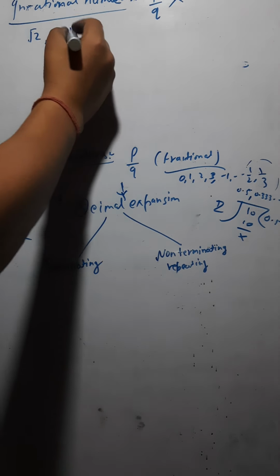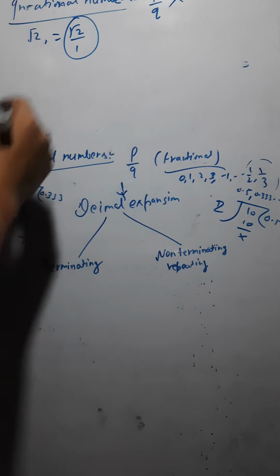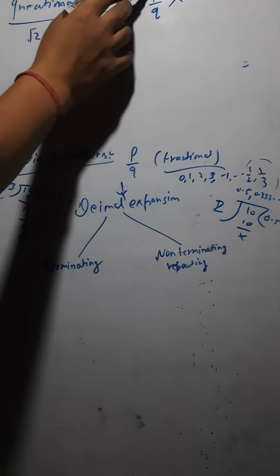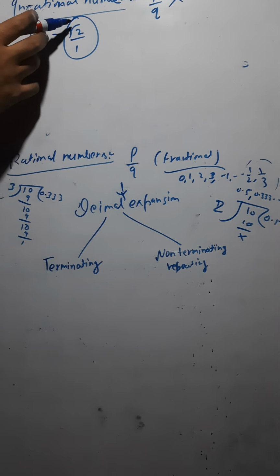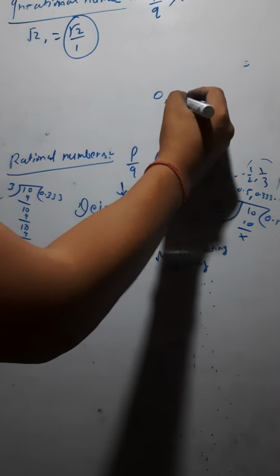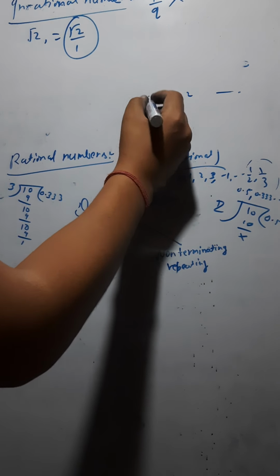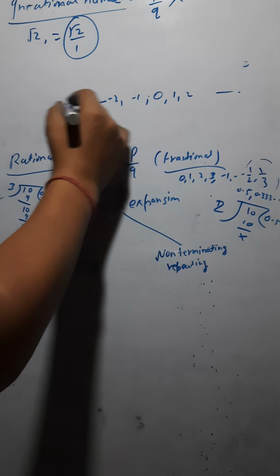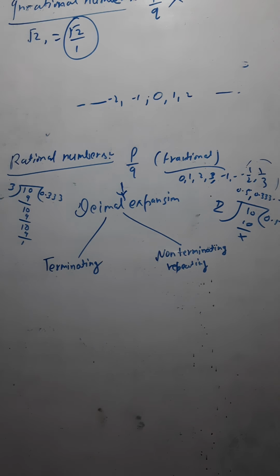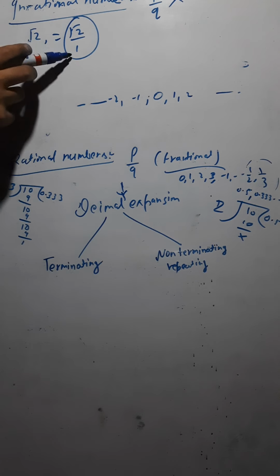And do not think that you can write under root 2 as under root 2 by 1. No. Both should be integers here, where p and q both should be integers. Under root 2 is not an integer. Integers are 1, 2, 3 up to infinity, then you have minus 1, minus 2. So if you think we can write under root 2 as under root 2 by 1, you are wrong.